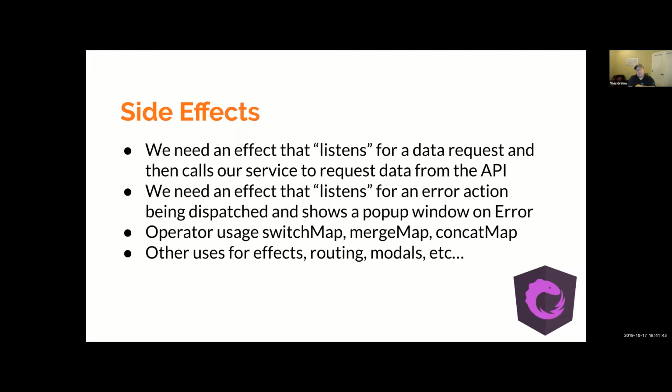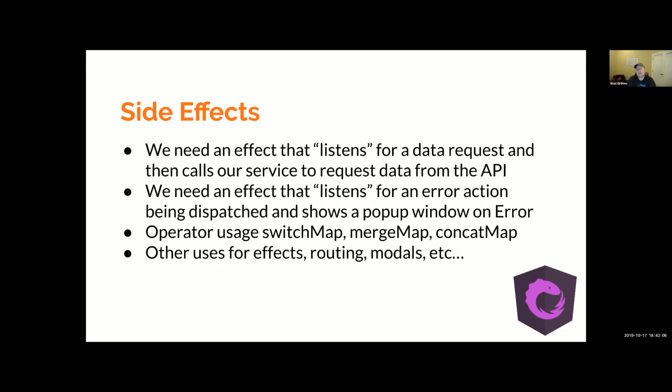And so we keep talking about these effects. What are side effects? Well, we need to build an effect that listens for a data request, this UI event that comes through that says, hey, I need these jokes, and then makes a call to the HTTP service to request that data. It kind of bridges the gap.